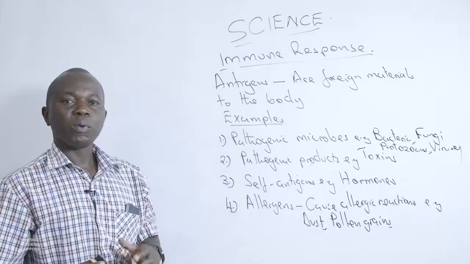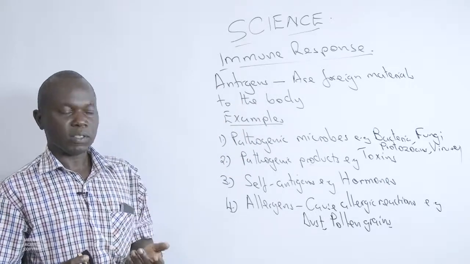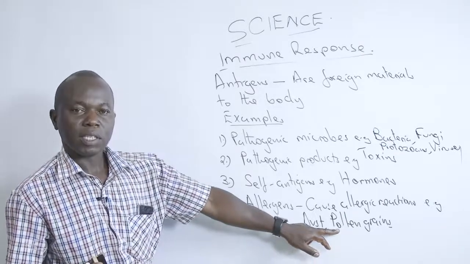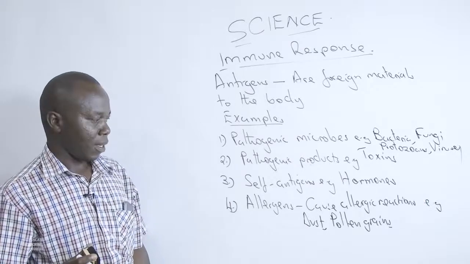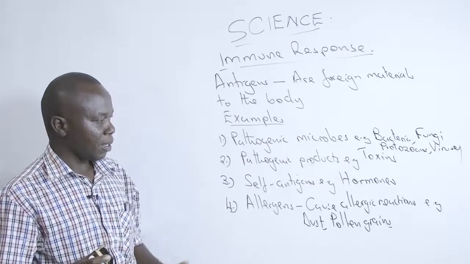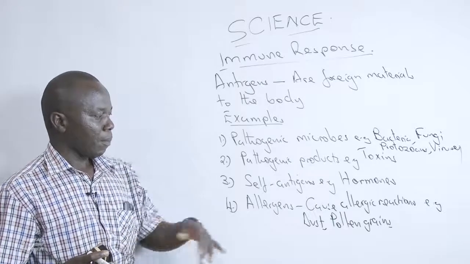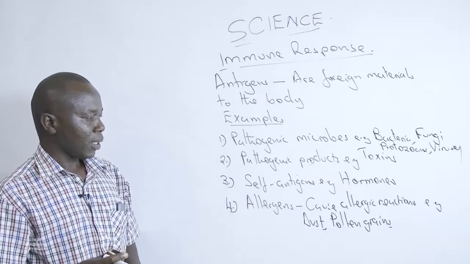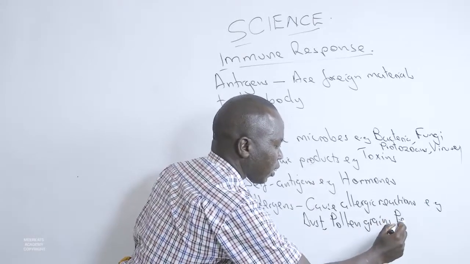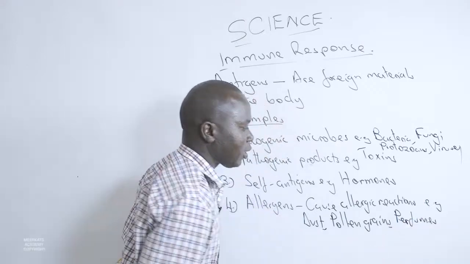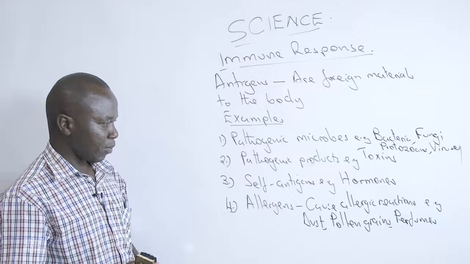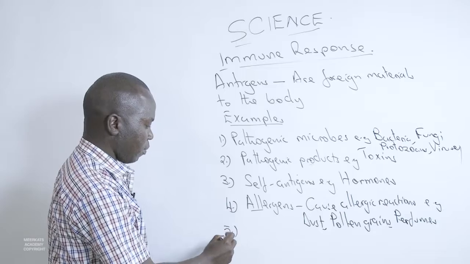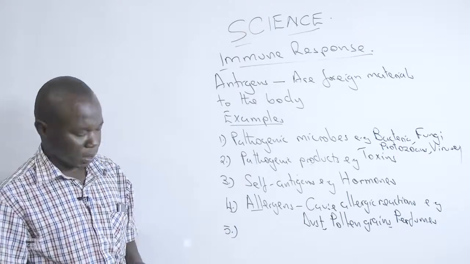Those people who live close to fields with tasseling maize, at that point there are a lot of pollen grains in the air. So you realize that very many people will be producing allergic reactions just in response to pollen grains. Some perfumes can also act as allergens. When some people are exposed to some perfumes, they are able to produce allergic reactions. So they form part of the allergens.